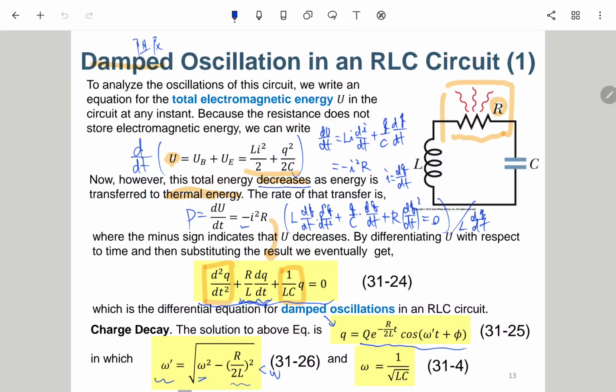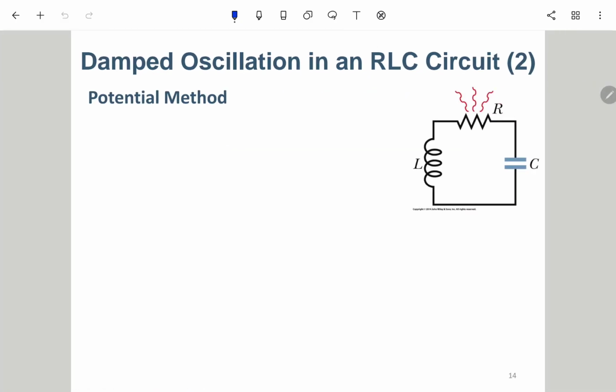But of course we can also derive the equation with the potential method, like this. So we may do some derivation first. Here we have VC like this, VR like this, and VL like this, and the current is clockwise, just as what we did before.